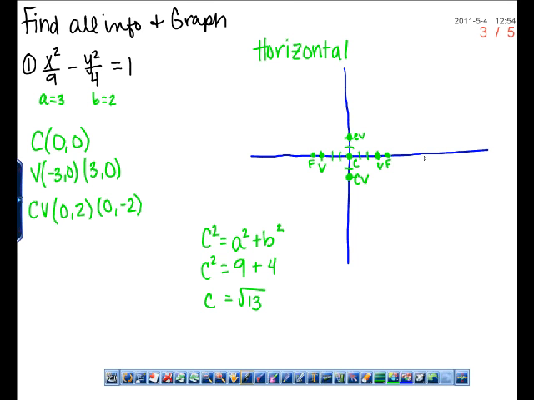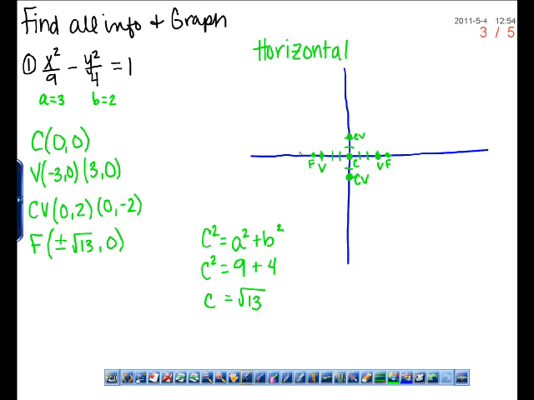That's why I plotted them on that axis. Okay? All right, what are my coordinates of my foci? Yeah, so I could do plus or minus root 13, comma 0. Because I go positive root 13, 0, and I go negative root 13, 0.